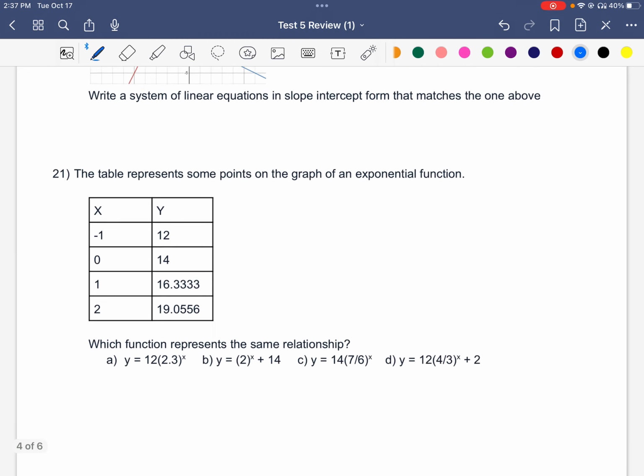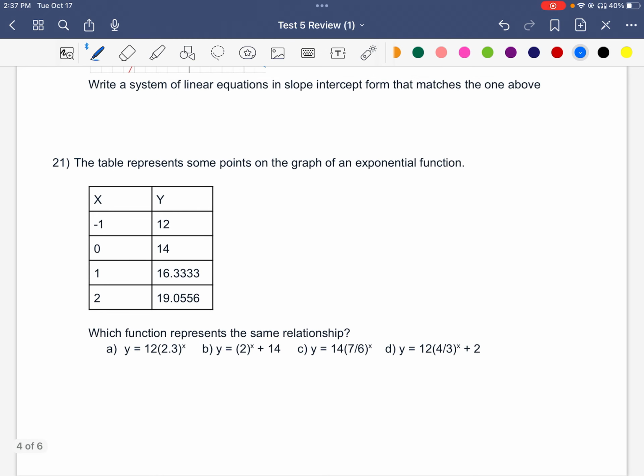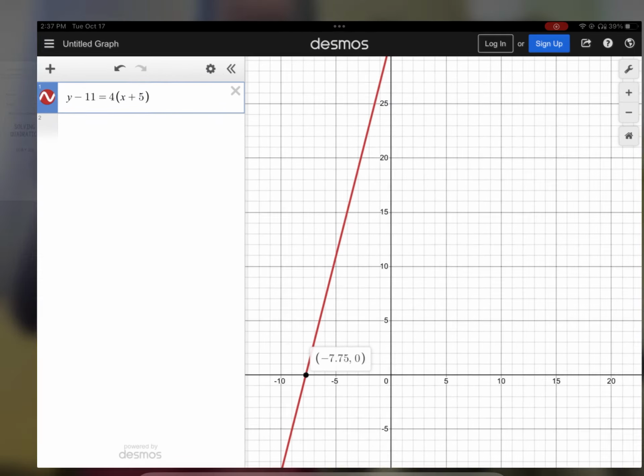21. The table represents some points on the graph of an exponential function. Right, there's a keyword. Which function represents the same relationship? So if I glance at the answer choices, all of those are exponential. So I can't eliminate anything just by knowing it's exponential. What I can do, again, I'm going to use Desmos.